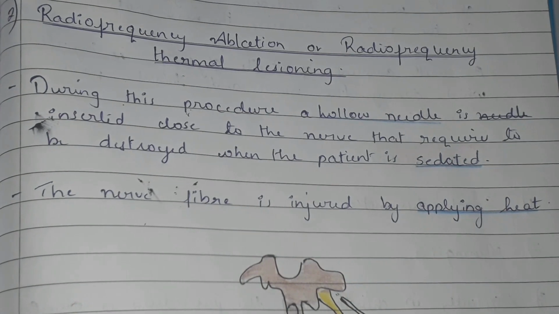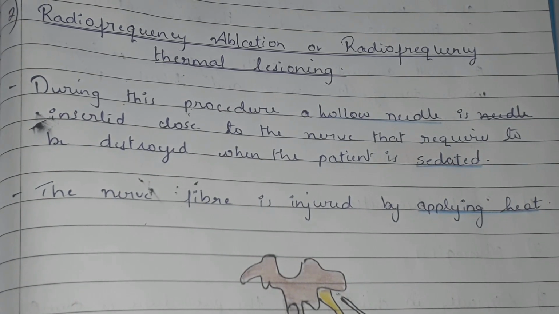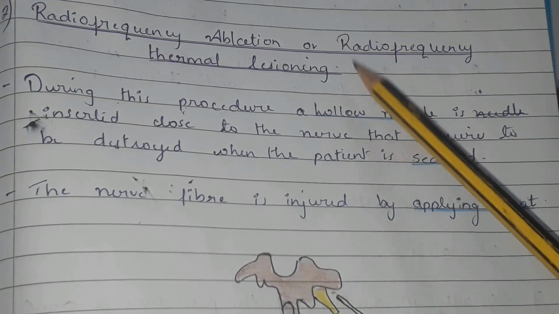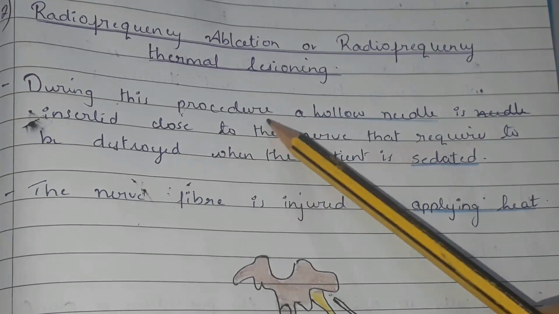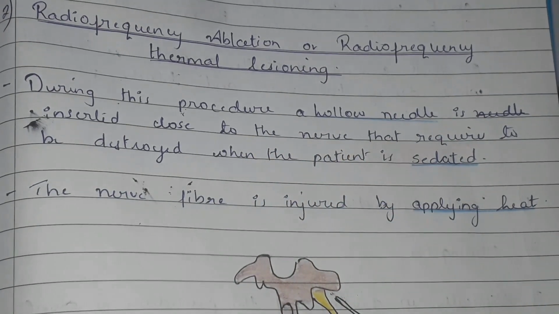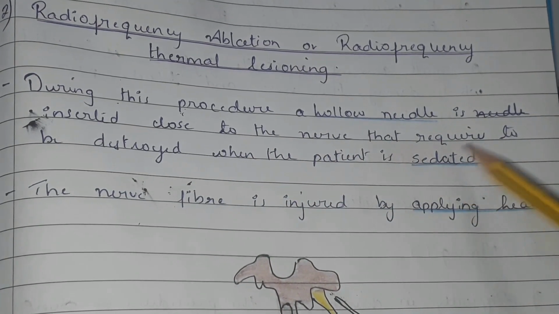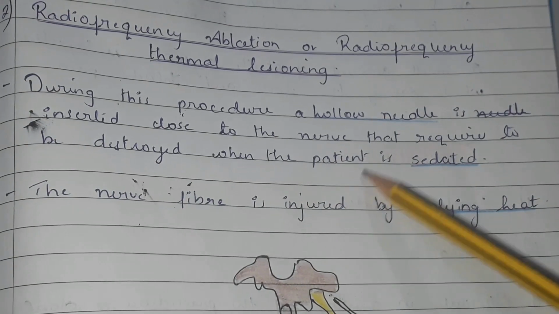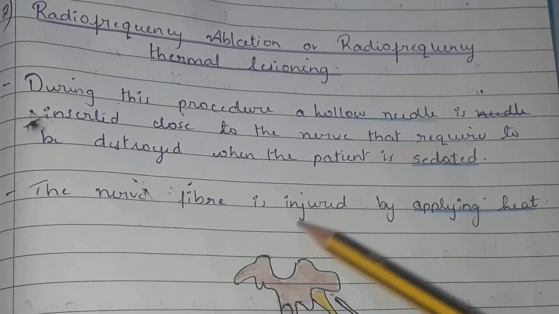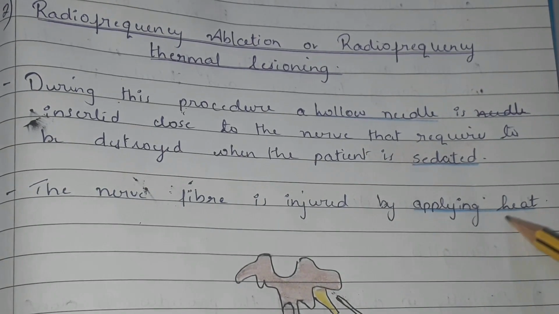Now the second step includes radiofrequency ablation or radiofrequency thermal lesioning. During this procedure, a hollow needle is inserted close to the nerve that requires to be destroyed when the patient is sedated. The nerve fiber is injured by applying heat.